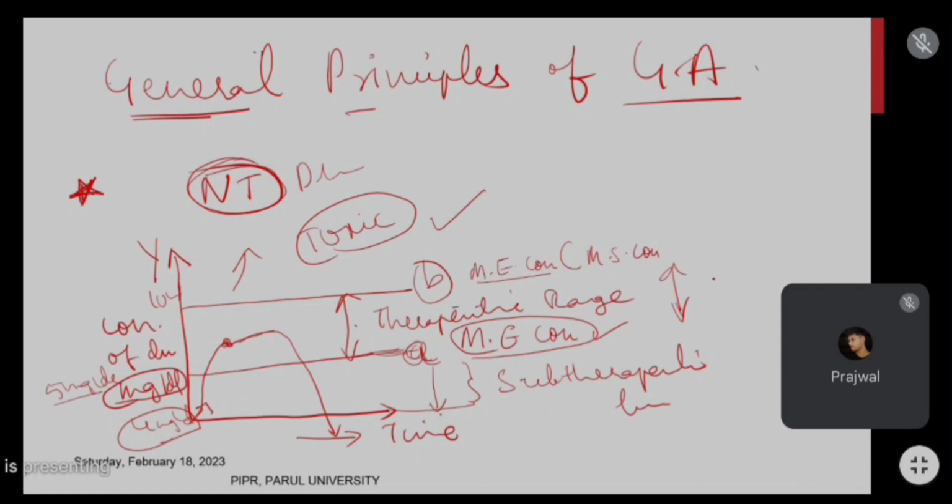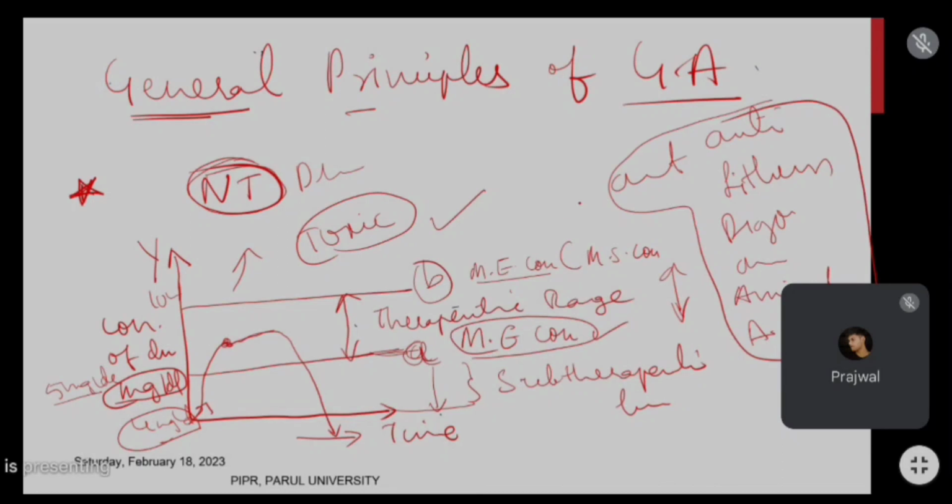Here in narrow therapeutic drugs we have digoxin, antiarrhythmic drugs, some antibiotics like aminoglycosides, amphotericin B, lithium, some antidepressants, antipsychotics, and immunosuppressants like methotrexate. All these drugs have a very narrow therapeutic window. Their therapeutic range is very small. That's why they are called narrow therapeutic drugs.